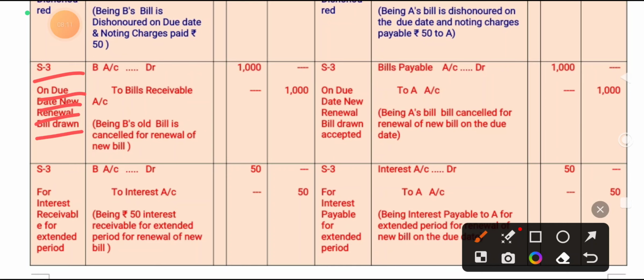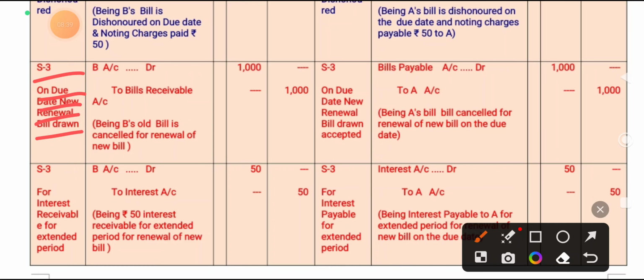See, old bill he couldn't pay, B doesn't have money. So on the due date, he has said to A that he cannot pay the amount on the due date, he will pay it in a later period. Okay, so for the later period he may charge extra interest also, and a new renewal bill should be drawn.